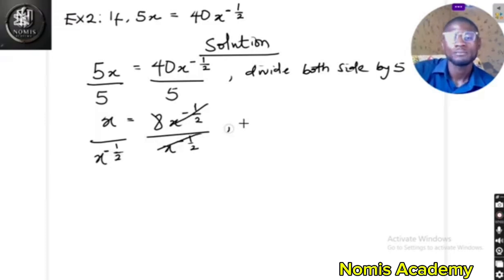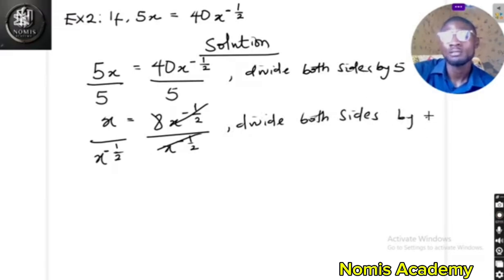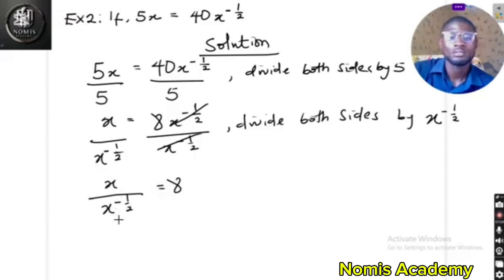So what I did was to divide both sides by x raised to the power minus 1 over 2. So this becomes x all over x raised to the power minus 1 over 2 equals 8. So it can be reduced to x.